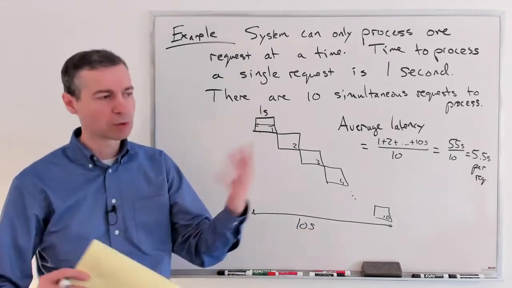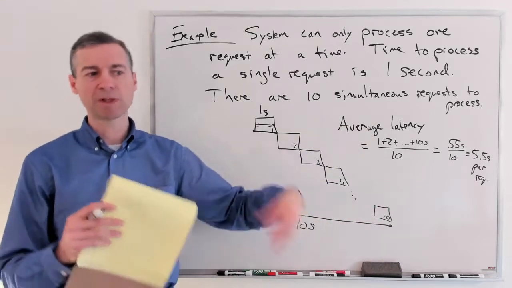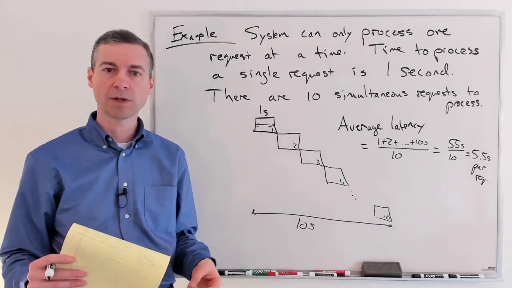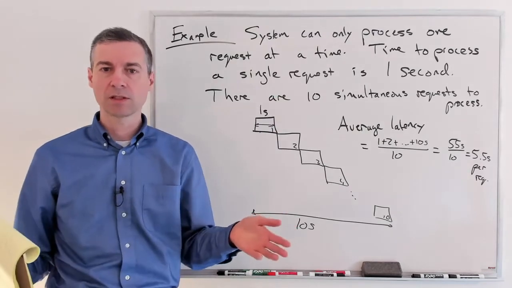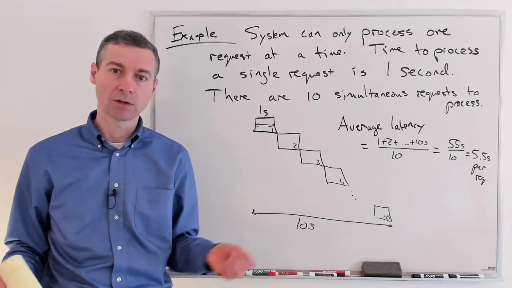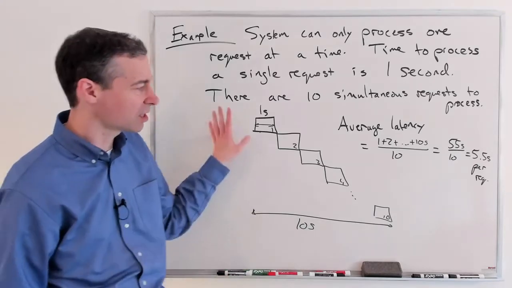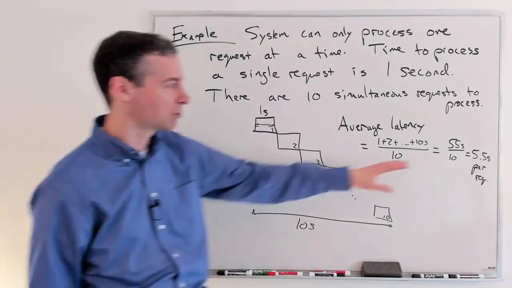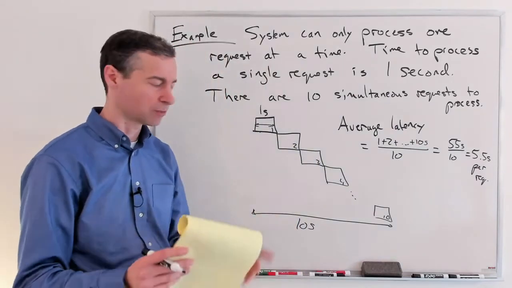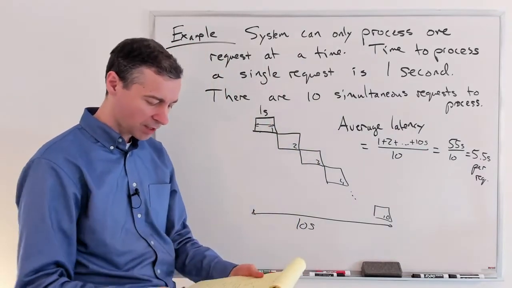Like we're slowly working through them, but they just keep coming in at a standard rate. Well, if they keep coming in at that rate, and we've got a queue that's 10 deep, all of a sudden our average latency is going to go to 10 seconds. But anyway, let's just say that for this example, this is what had happened, and we got 5.5 seconds per request.